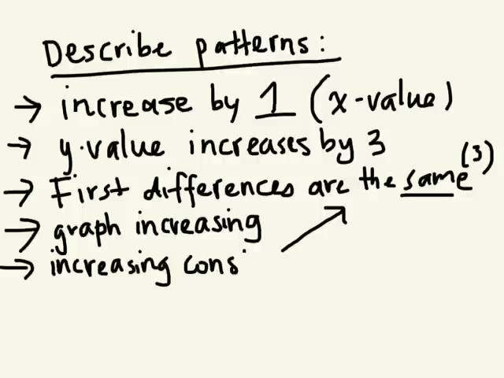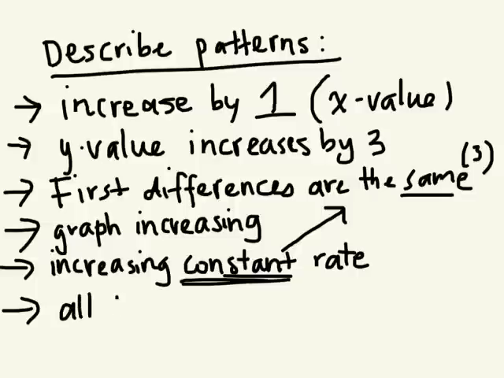And that goes with our first differences. Because the first differences are all the same, it remains constant. The graph is constantly going to go up by the same amount. Okay, and then we can conclude that all the points are on a straight line. Right? This graph makes a straight line because it's always going up by the same amount.